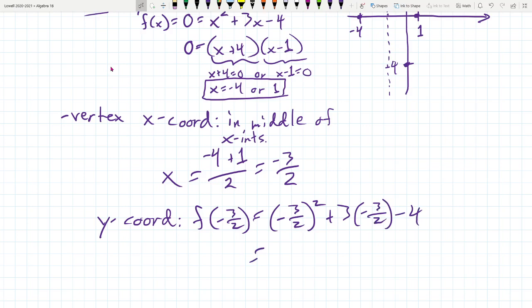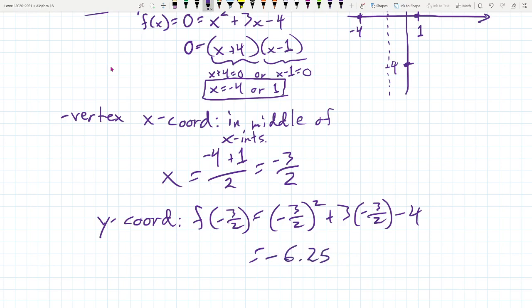Negative 1.5 squared plus 3 times negative 1.5 minus 4, and I get negative 10.75. Let me pause here just to double check I did that correctly. Yeah, I knew something didn't feel right, so this is not right. Actually, it should be negative 6.25.